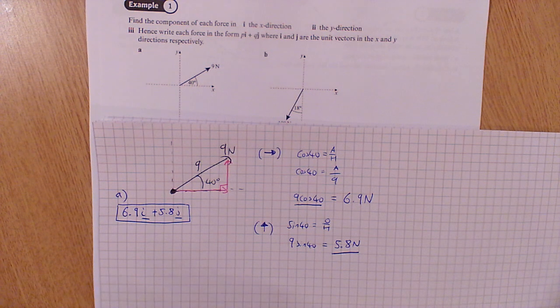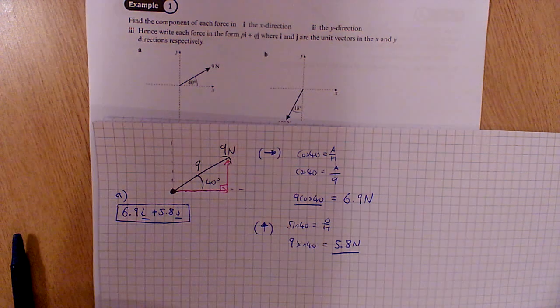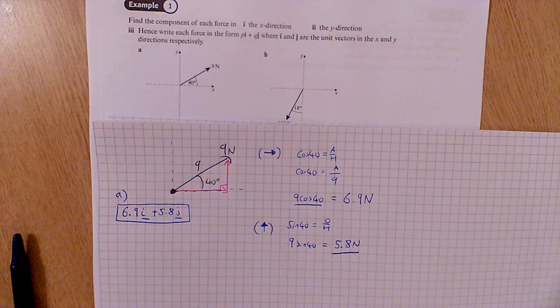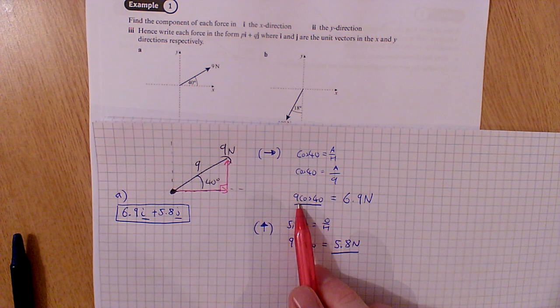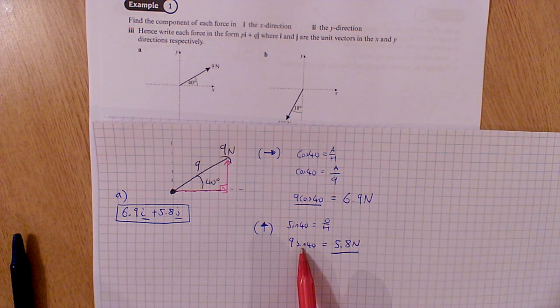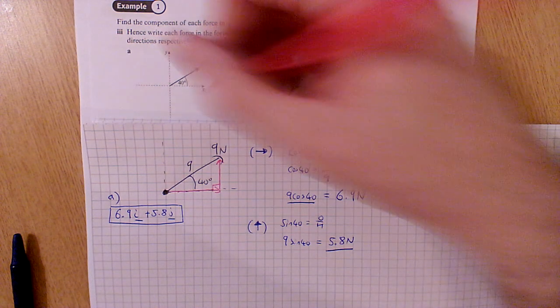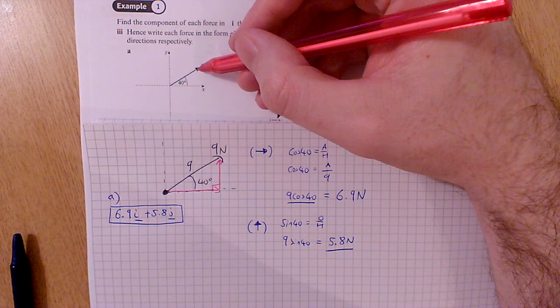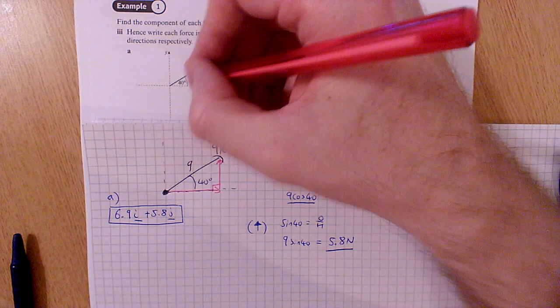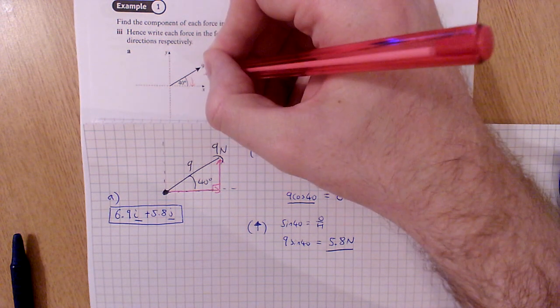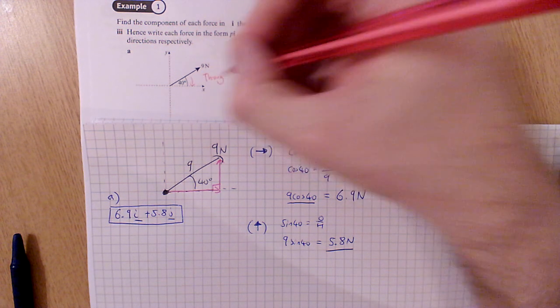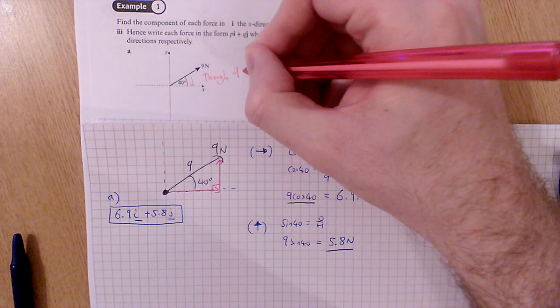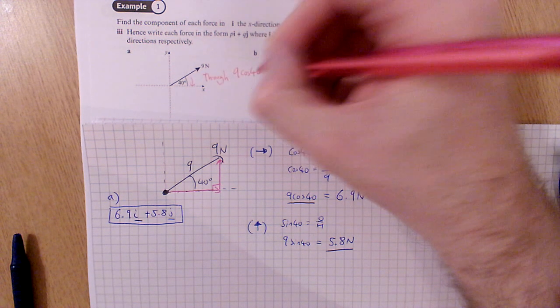Very quickly, we're going to get a rule out of this that we're going to use throughout the whole of the year 13 mechanics. We can see that here we've got 9 cos 40 and here we've got 9 sine 40. If we go back to the original diagram, any time we look at the magnitude of the force and we need to move to the horizontal and we move through the angle, it's going to be 9 and then cos 40, right?